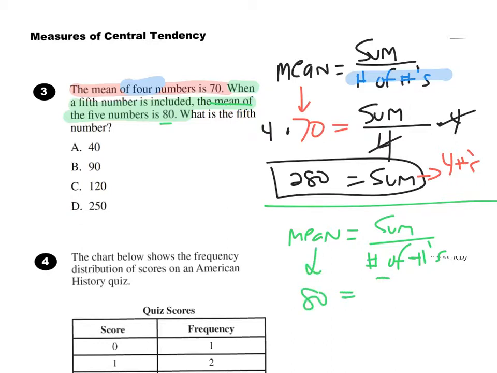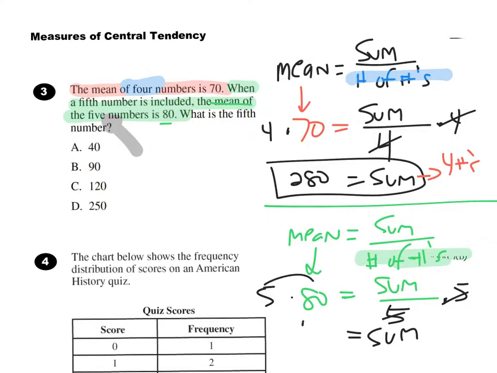I'm going to try to figure out what the sum is, and now the number of numbers I'm told is 5. So here I'm going to have 80 equals the sum divided by 5. So if I multiply both sides by 5, I know that the sum is equal to 5 times 80, or 400. So I know the sum of the 5 numbers is 400.